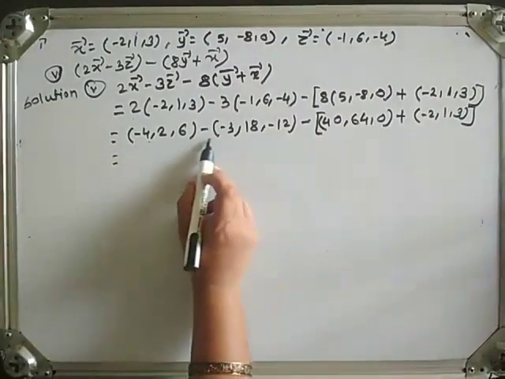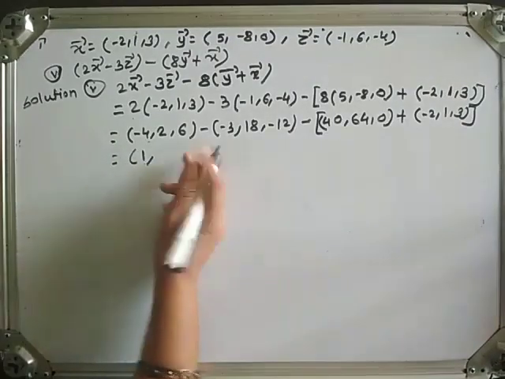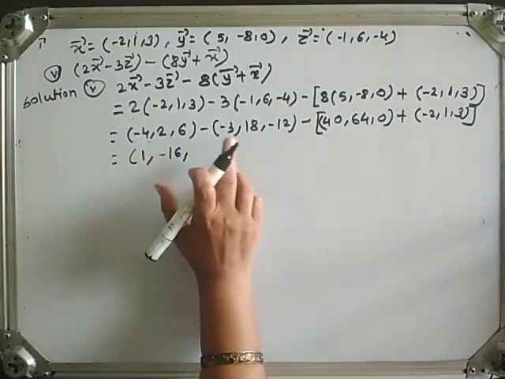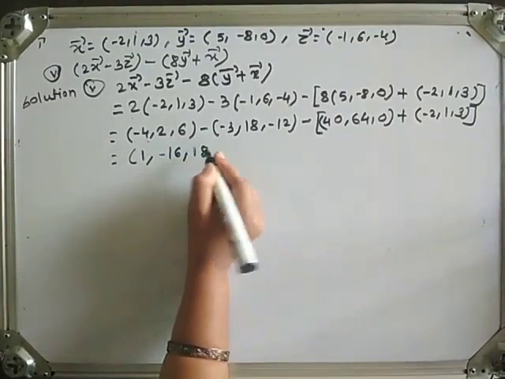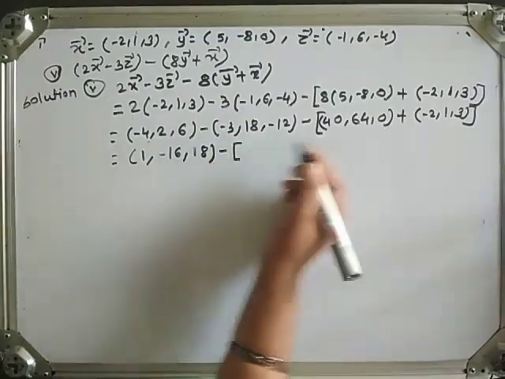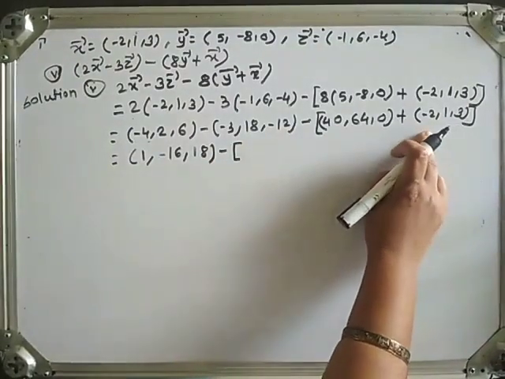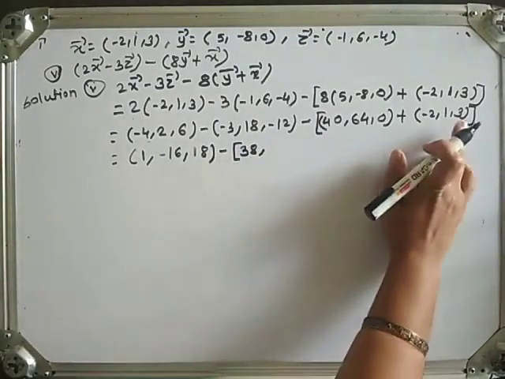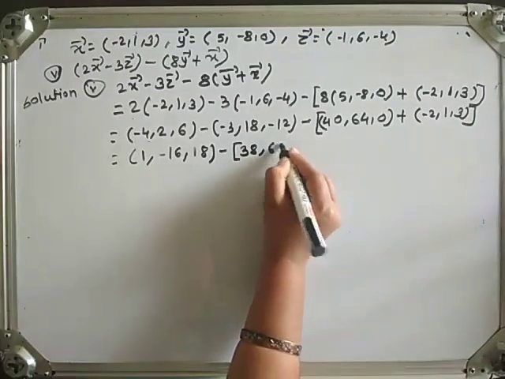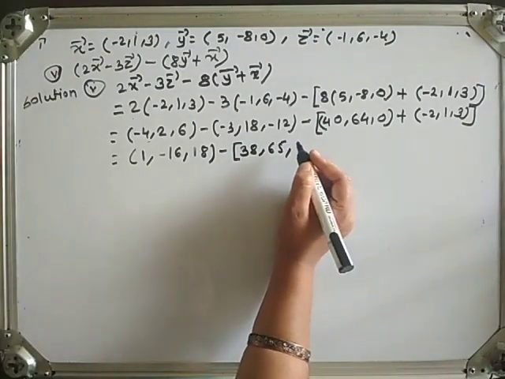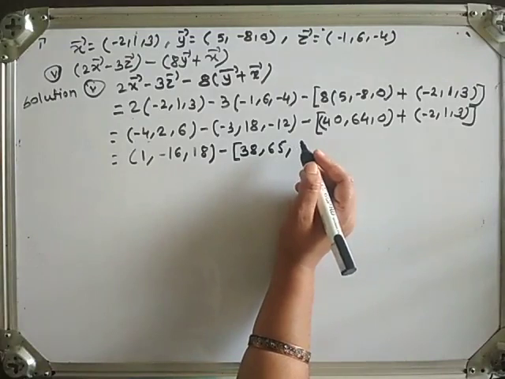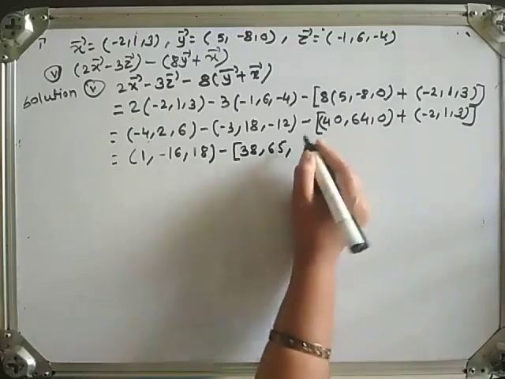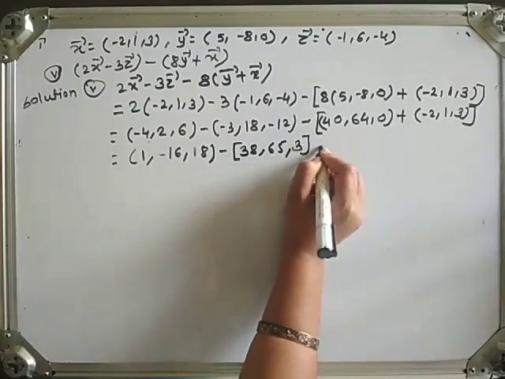Which is equal to, see here, minus 4 plus 3 is 1, 2 minus 18 is minus 16, 6 plus 12 is 18. Minus 40 minus 2 is 38, 64 plus 1 is 65, and 0 plus 3 is 3.